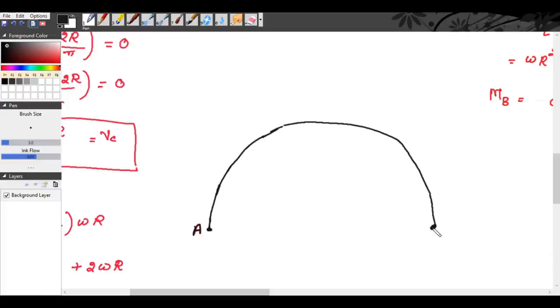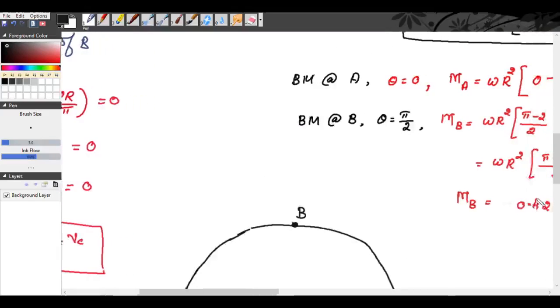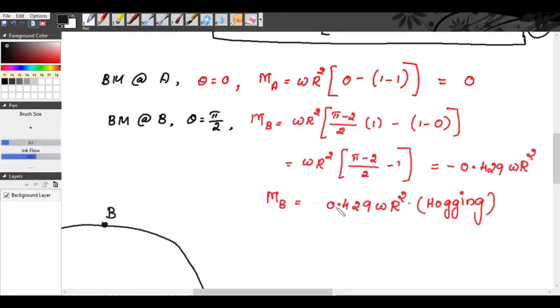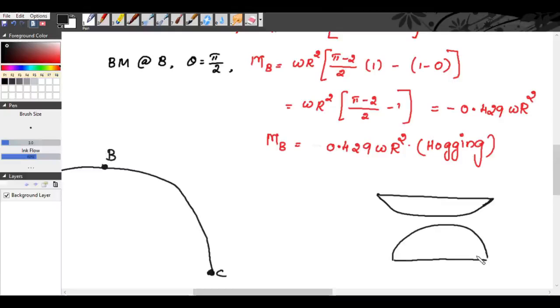This is C and this is B. So we found at A bending moment is 0, at B bending moment is minus 0.429 hogging. See, how will we draw the sagging bending moment? If the bending moment is positive, the deflection is sagging.